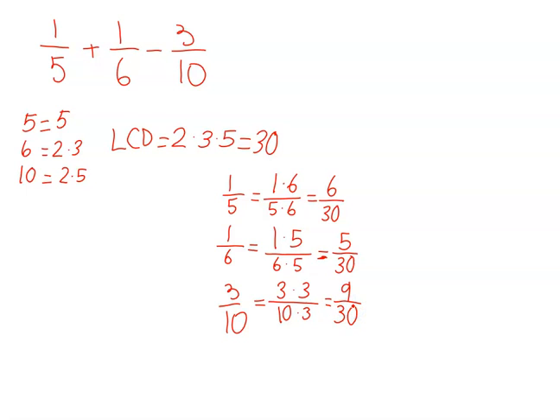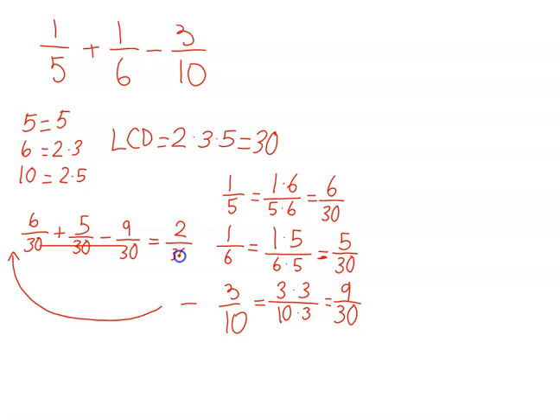Are we ready to combine them now? Yes. But before we combine them, we have to realize that this one is being subtracted. So it's 6 over 30 plus 5 over 30 minus 9 over 30, which is 11 minus 9, or 2 over 30, which equals 1 over 15, because we have to reduce it.